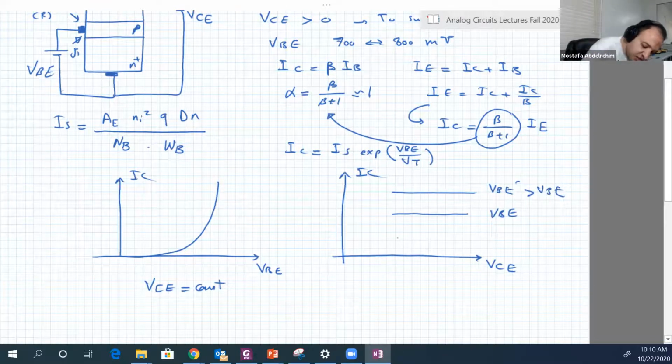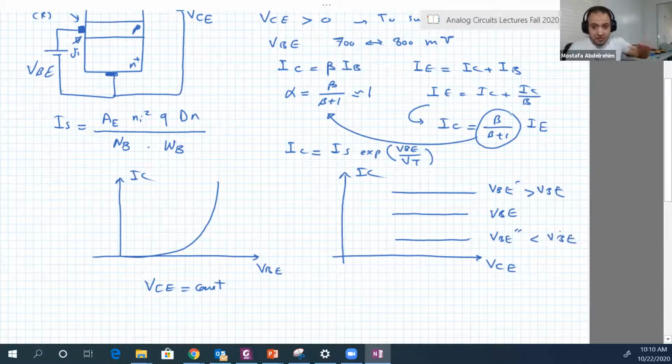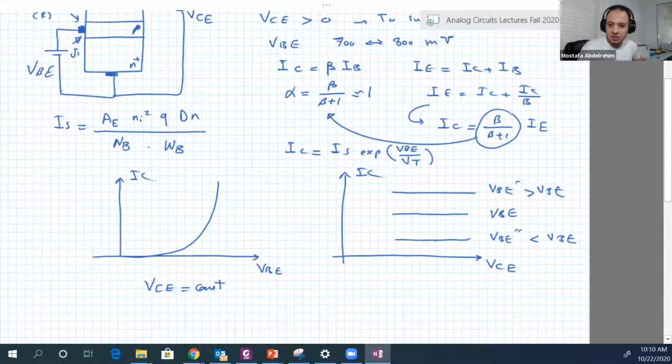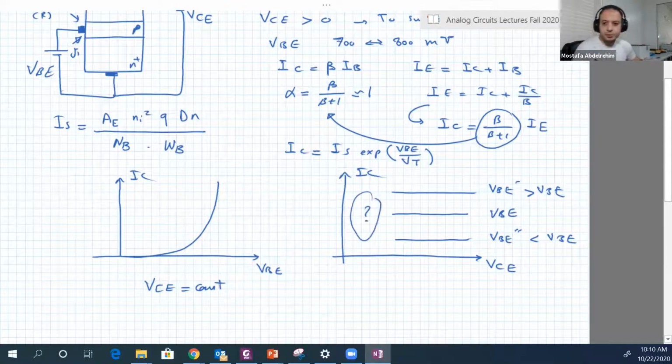If you decrease VBE to, let's say, VBE double dash, IC will decrease. If you fix VBE double dash and change VCE, you will also get some constant like this. Now, what's happening really here? This is the missing part in the characteristics that we're gonna fill today.